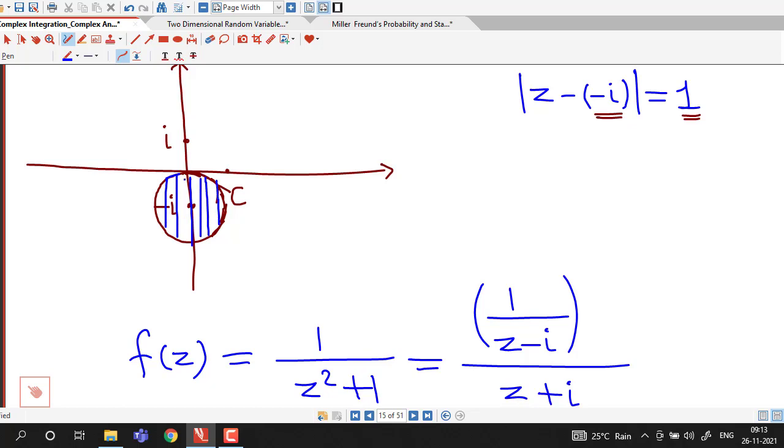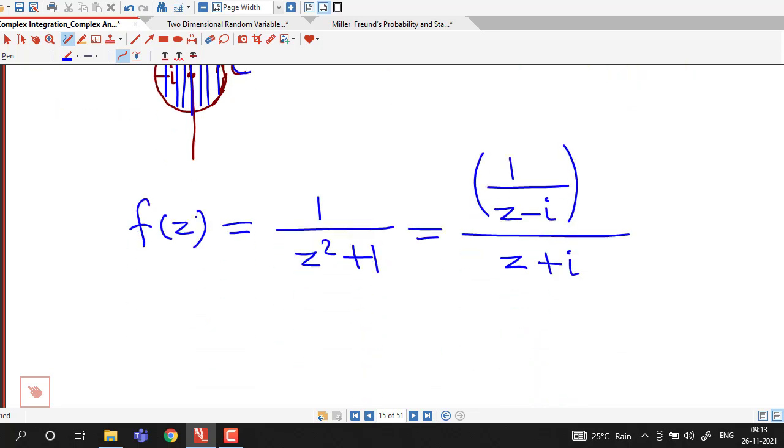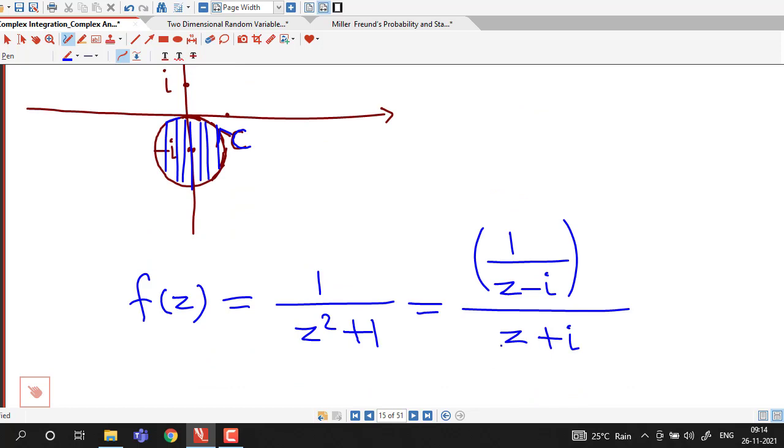If we consider the portion of the circle which is interior and on the boundary, then 1 over z minus i is clearly analytic at all points inside and on this simple closed contour C. And if we consider z equal to minus i, then z equal to minus i is interior to this simple closed contour C.